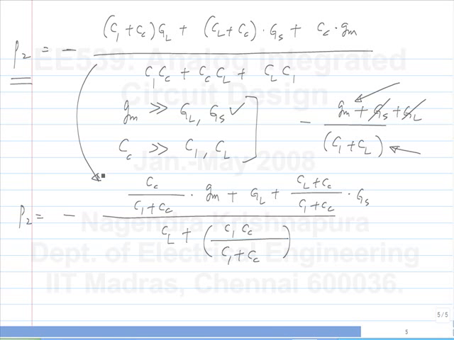What is this? Again, you can neglect GL and GS. I am not too worried about that. What is the rest of the stuff?